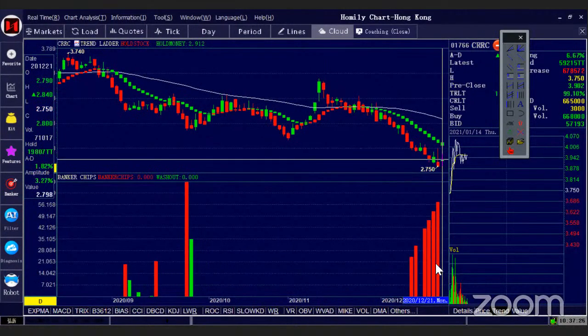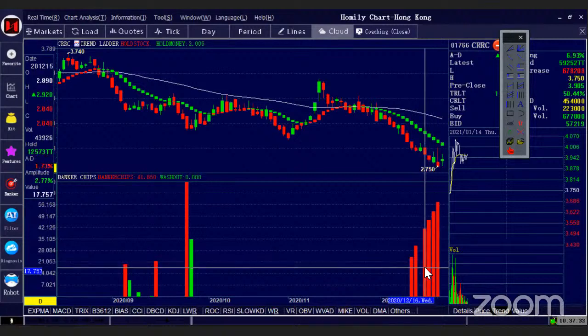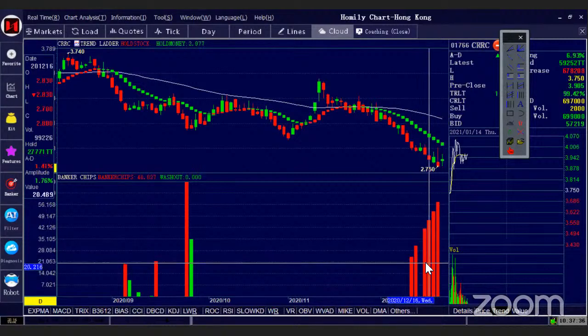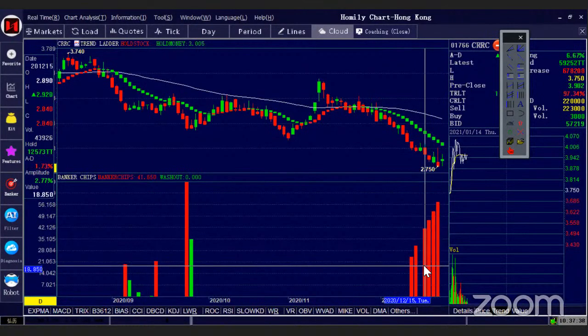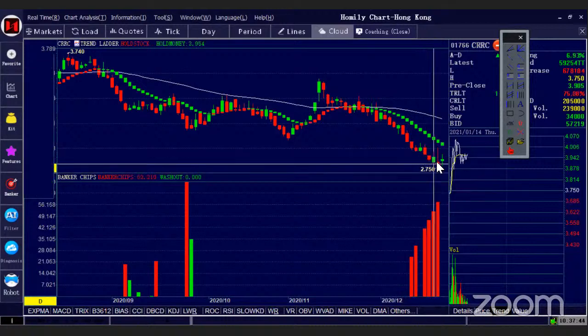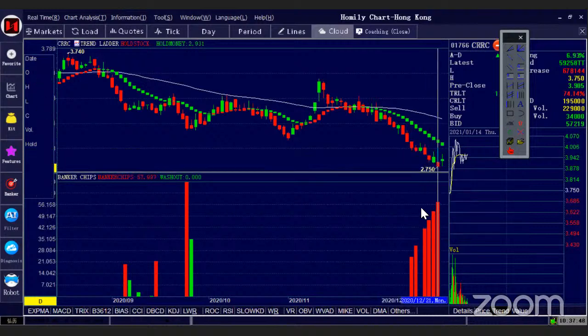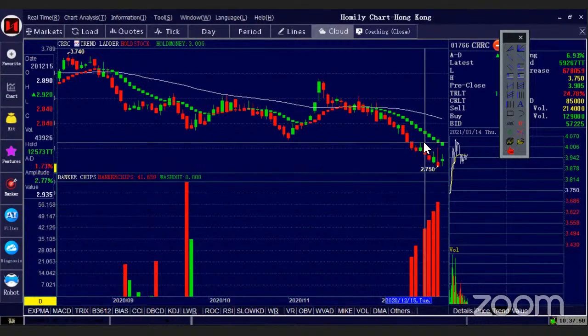Okay, so the banker chips red bar disappears again, right? Then when you see the red bar disappear again, you can begin to draw the banker's cost area again based on these 4 red bars. For these 4 red bars, the candles would be from here to here, right? Then you check the high price for this period, which would be the high of this candle.